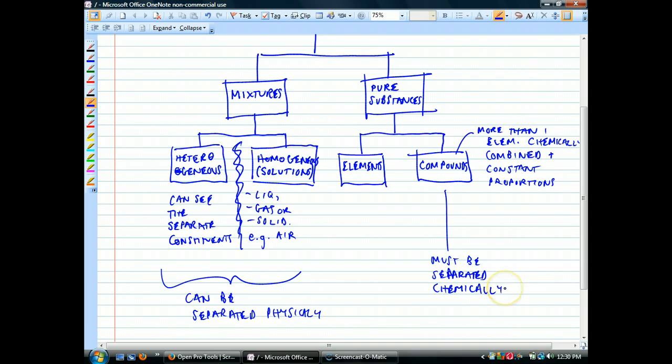Through a chemical reaction. It's a little bit circular because if we say that it has to be separated through a chemical reaction, well, one of our criteria for a compound was that it was chemically combined. So it's a little bit circular, but that's, like I said, all classification systems are a little bit messy.